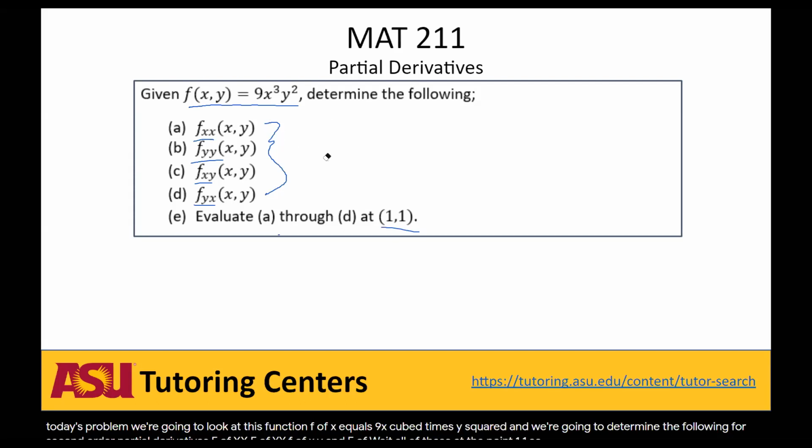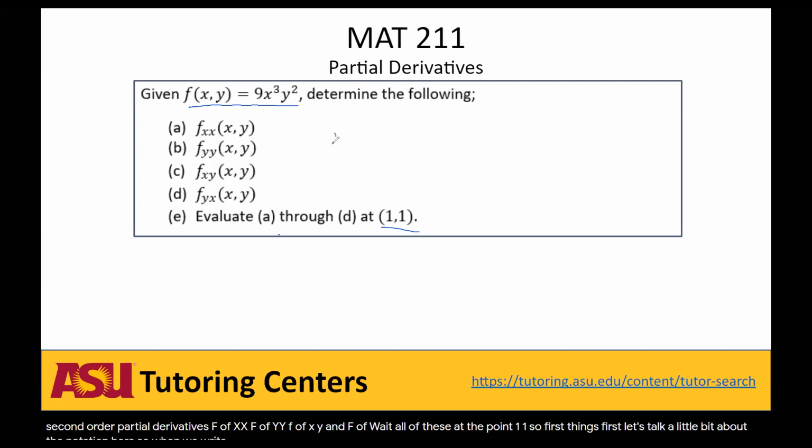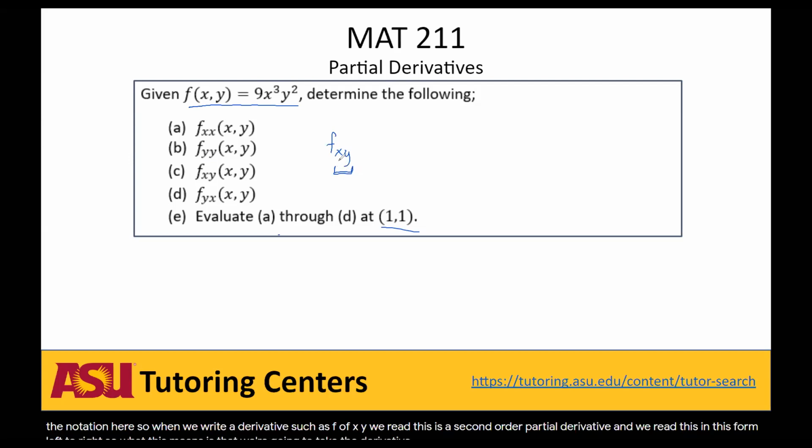So first things first, let's talk a little bit about the notation here. When we write a derivative such as f of xy, this is a second order partial derivative, and we read this in this form left to right. So what this means is that we're going to take the derivative of f with respect to x first, and then we're going to take that resulting derivative and take the derivative of it with respect to y.